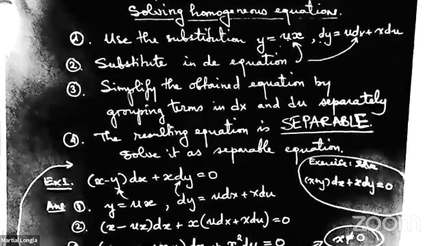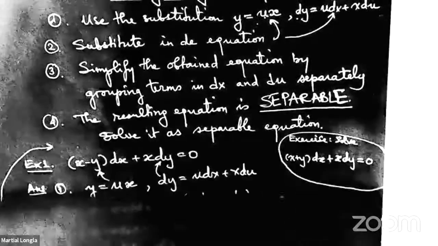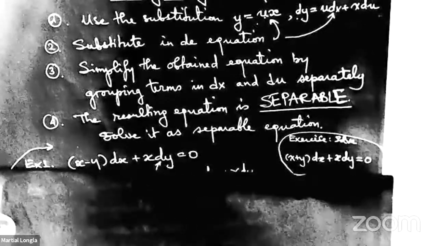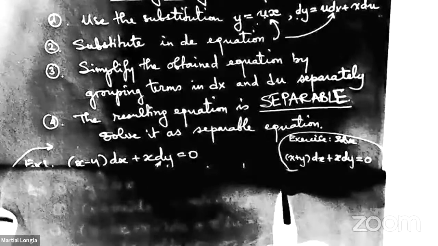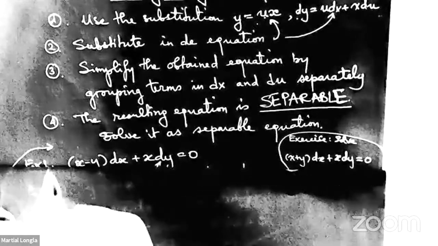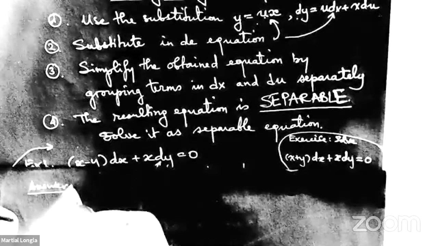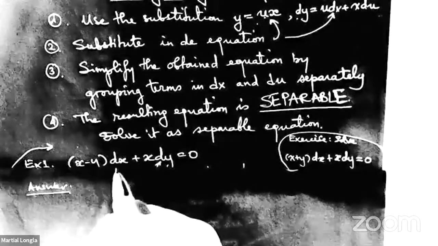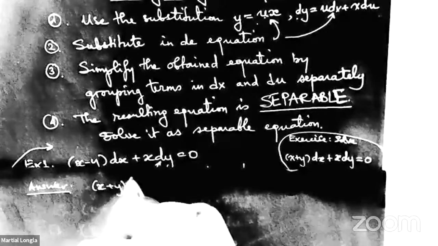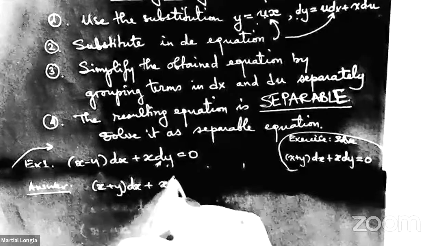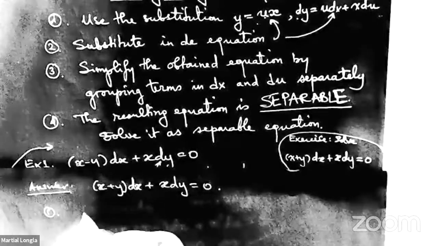I mean, second step, because the first step is obvious. It's the same thing you write down. For this problem, what will be the first step? You have (x plus y) dx plus x dy equals 0.